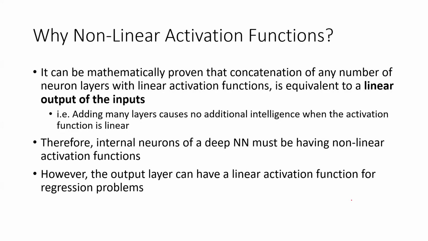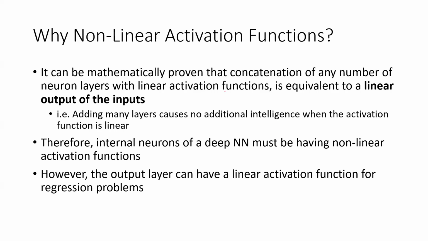But unfortunately, if you are using a linear activation function or no activation function at all, this whole neural network will be equivalent to a very simple neural network, a single layer. So it would be equivalent to the linear output of the inputs, right?